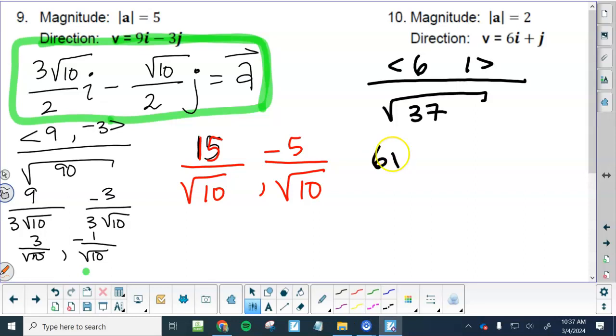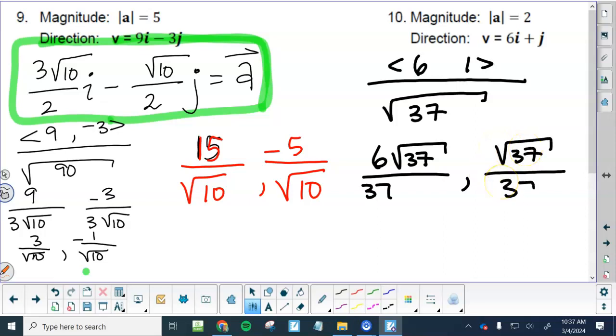That is going to be rationalized. That's the unit vector. Any questions on that? Then let's apply the magnitude of 2.